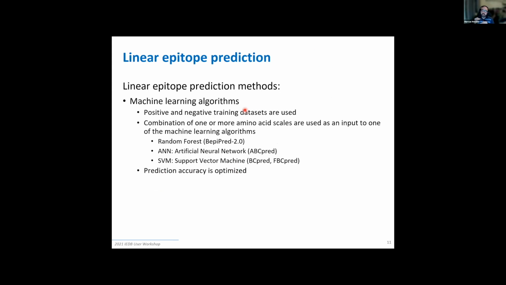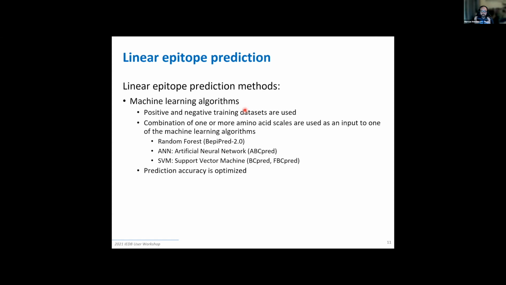For linear sequences, you have some machine learning methods, which are better compared to the others because for training the machine learning algorithm, we use positive and negative training data sets that were published before.